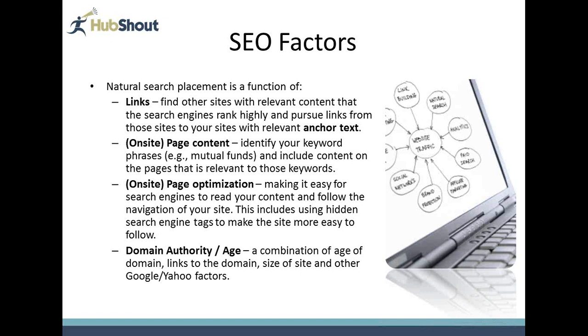The second part is actually an on-site component, and that's page content. I'm just going to read through this, but identify your keyword phrases, e.g. mutual funds, and include content on the pages that is relevant to those keywords. So that's on your website, making sure that the keywords you're focusing on are present on the website.